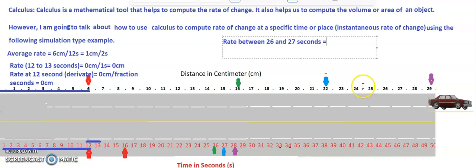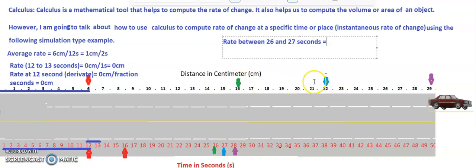At this point, when the car is at 16 centimeter, it took 26 seconds, right? And at 27 seconds, the car was at 22 centimeter.